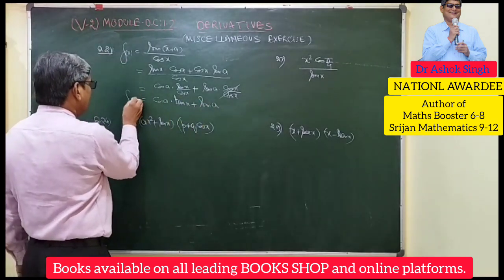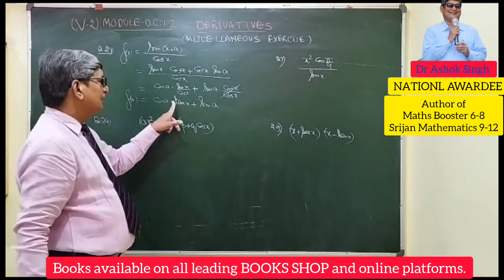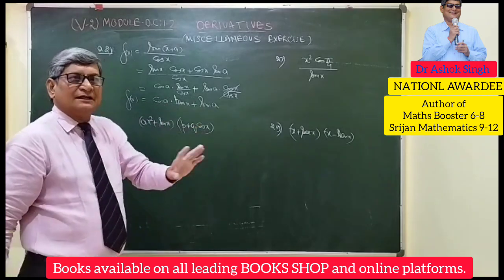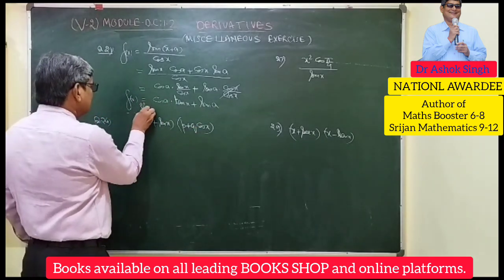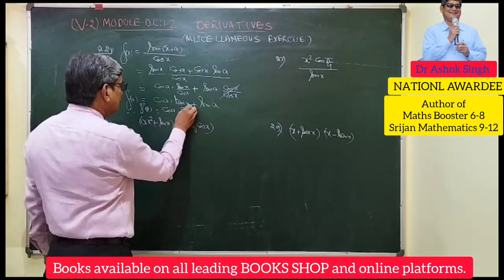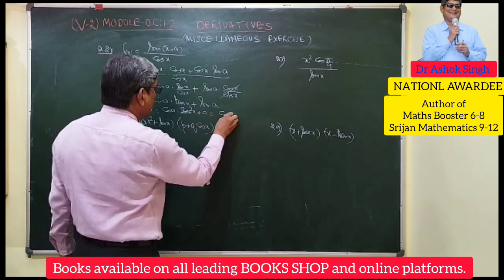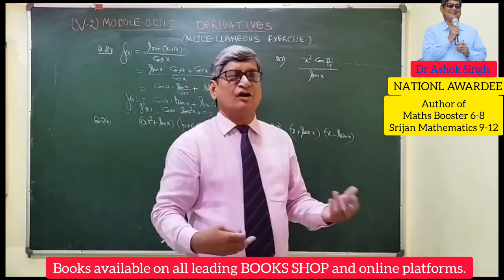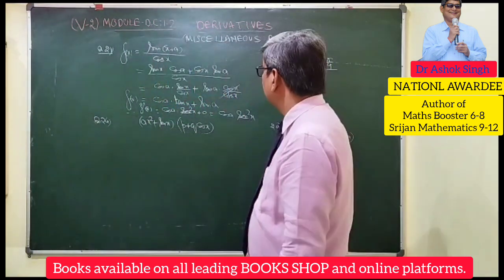Means you are having a question in this form. Remember, cos a, sin a, if there is no x, it's constant. So therefore f dash x is equal to cos a into sec square x plus 0. That is equal to cos a into sec square x. Don't get confused with sin a, cos a, tan a. They are constant. Other than x, it's constant.